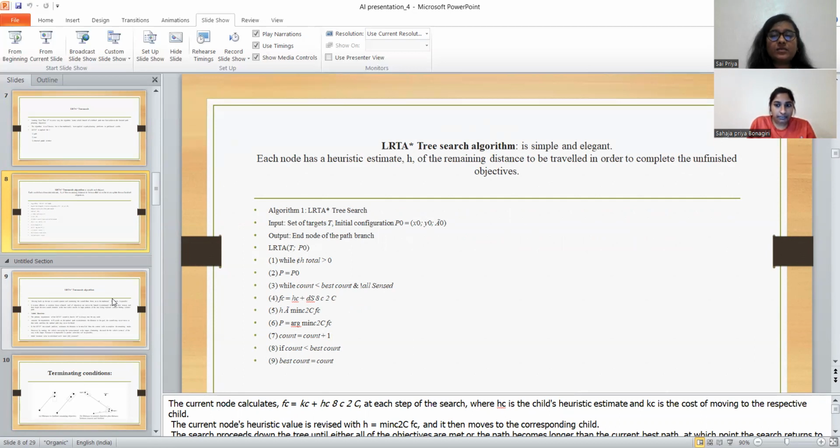In other words, F(c) is the projected remaining trip distance if child c is moved to. The current node heuristic value is updated with H equal to the minimum of F(c), and it then goes to the associated child. The search continues along the tree until either all the objectives are met or the path grows longer than the current optimal path, at which point the search is terminated. Next slide.